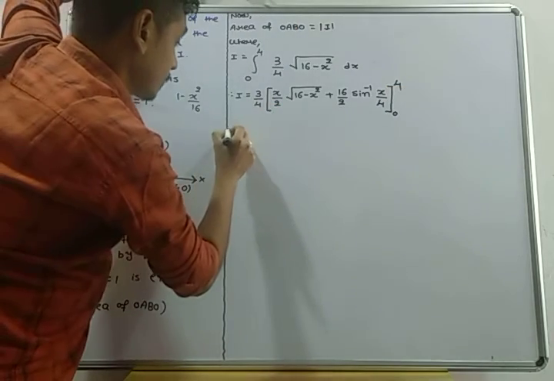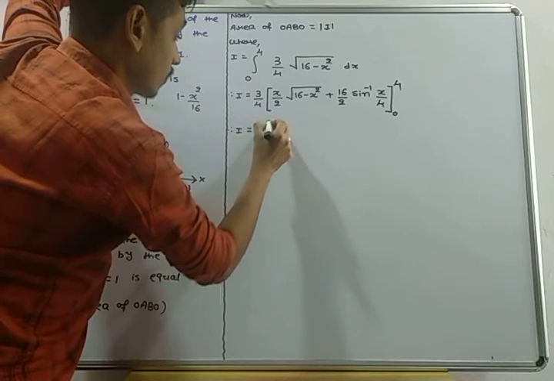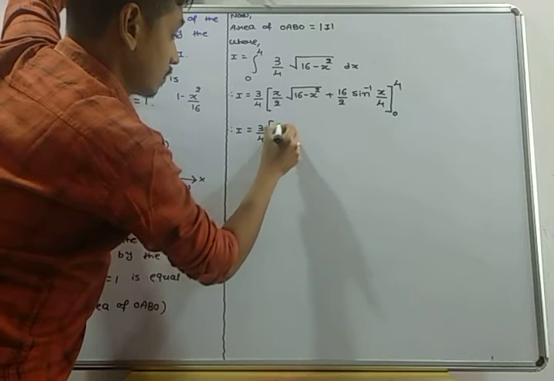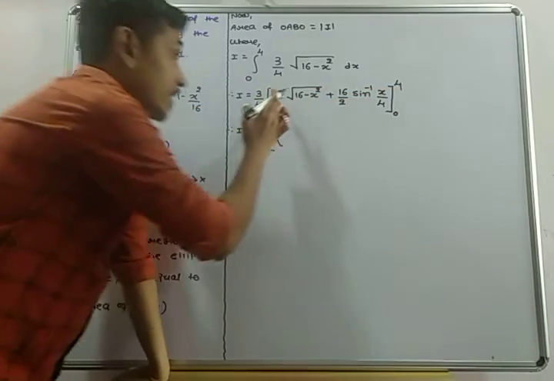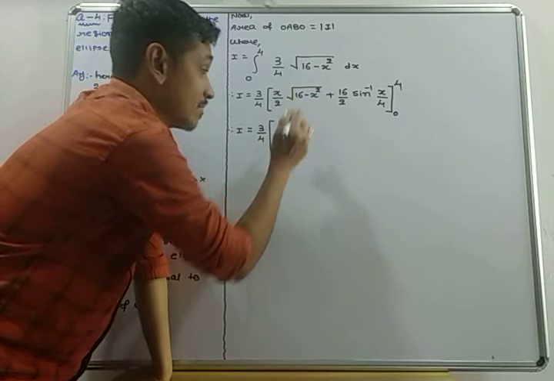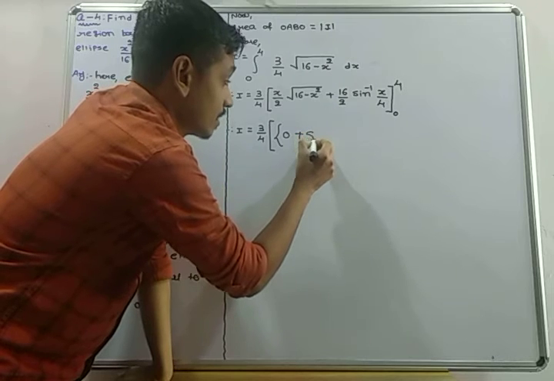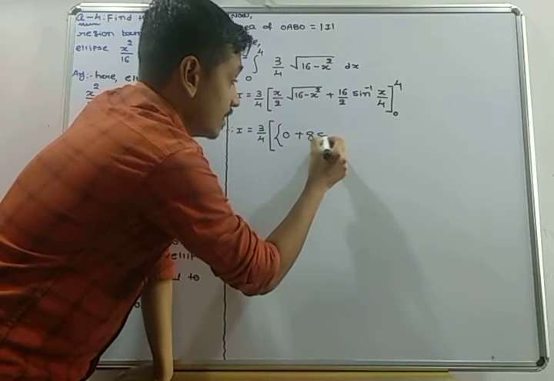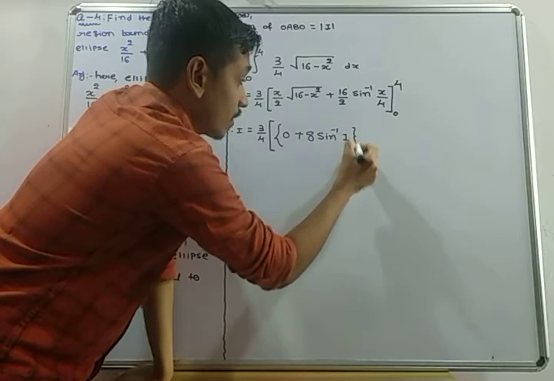Now upper minus lower, 3 by 4. Upper limit is 4, so putting 4 here, 4 by 2 and 16 minus 16 is 0, plus 16 by 2 is 8, sine inverse of 4 by 4, which is 1.